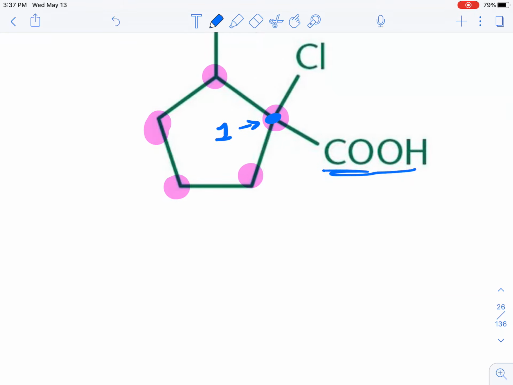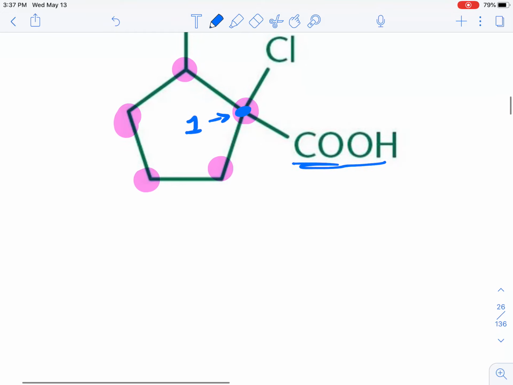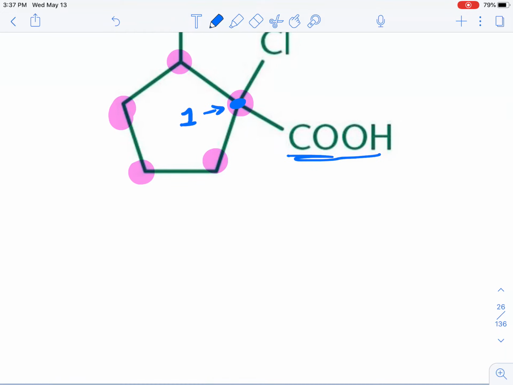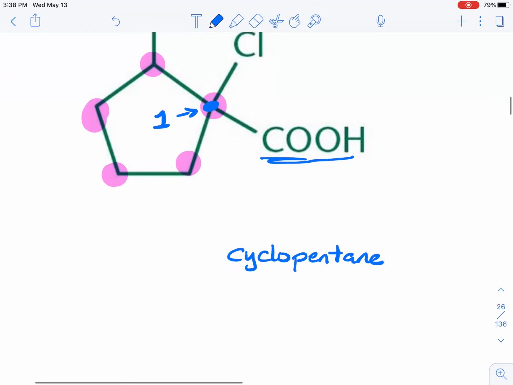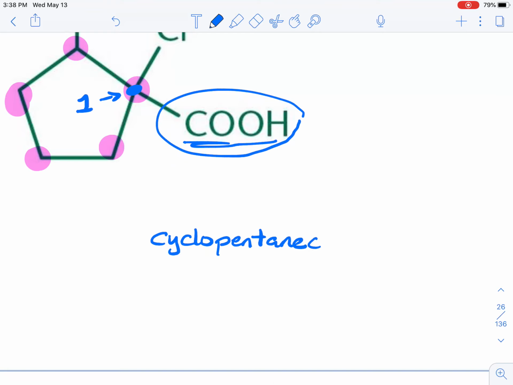And so we're going to go ahead and write the name of the parent ring as cyclopentane. And we're going to go ahead and describe the functional group. So this is going to be cyclopentane carboxylic acid.